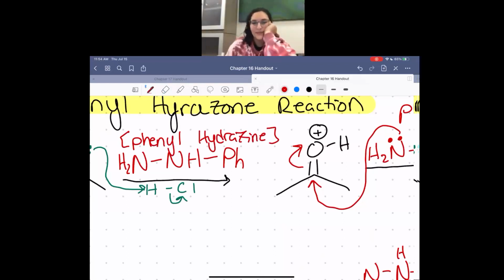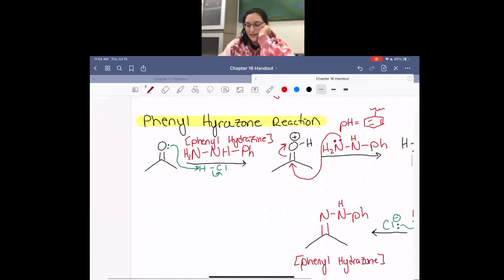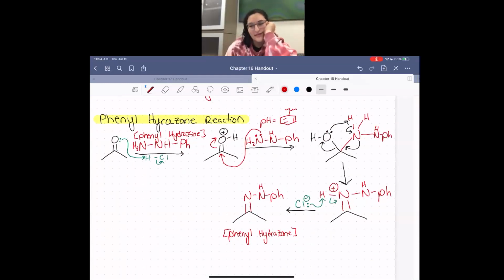So once again, the phenylhydrazine goes into the reaction. We do a whole bunch of steps, and we get a phenylhydrazone out of the reaction. And again, this could happen in acid or base catalyst, makes no difference.